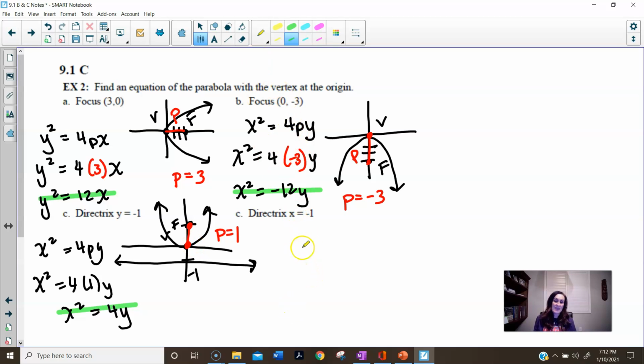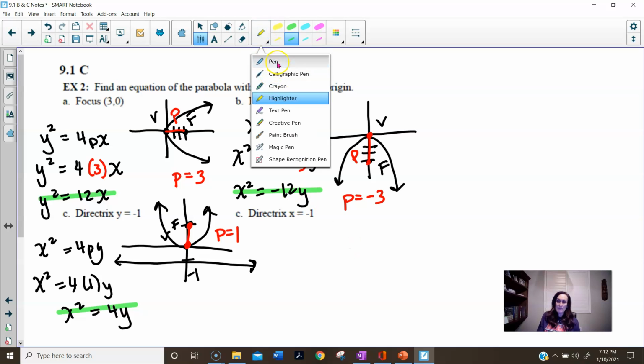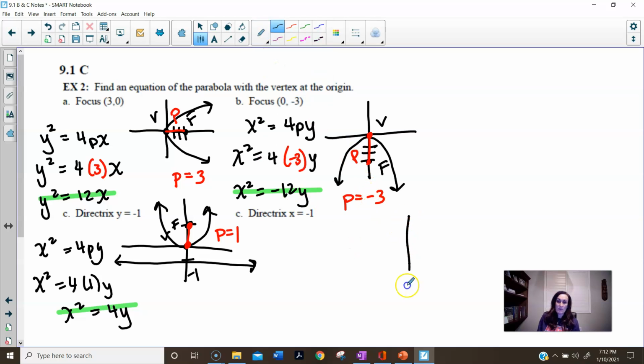Okay, last one, and that's when the directrix is at x = -1. So x = -1 means that you're going to have a vertical line that goes through -1. So here is your directrix at -1.